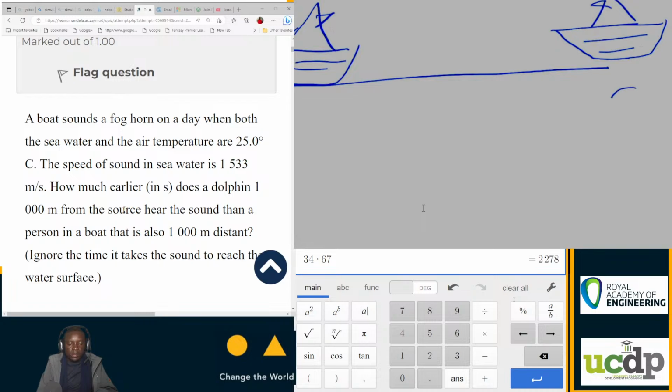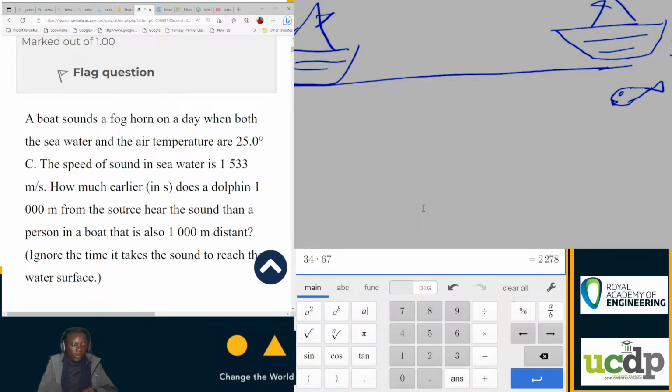And at the same point, we have something like a dolphin. So the horn is sounded from this boat, boat A, and boat B and the dolphin are the sides where the sound reaches some time later.